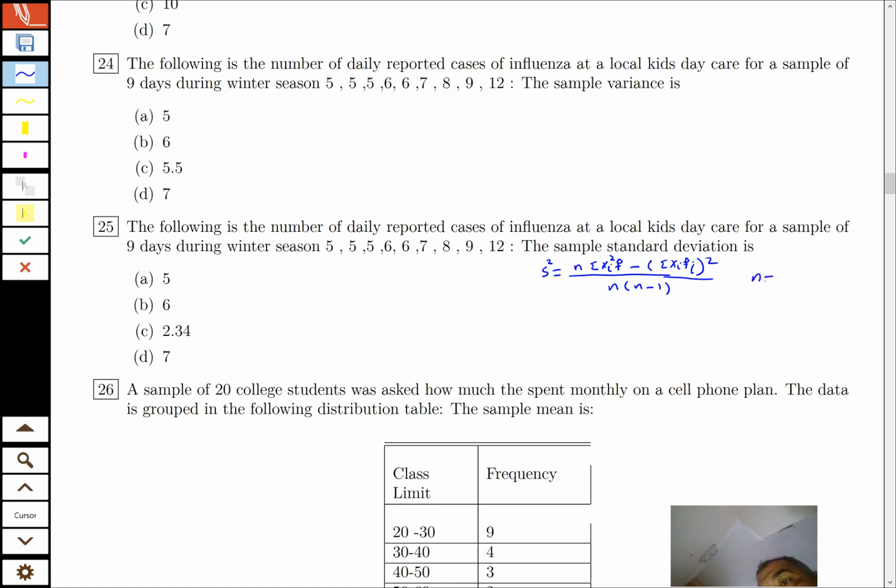And remember, n is the sum of the frequency. So here we go.